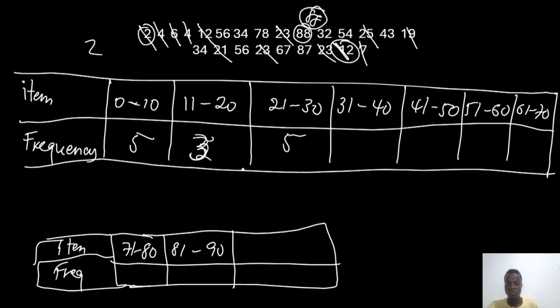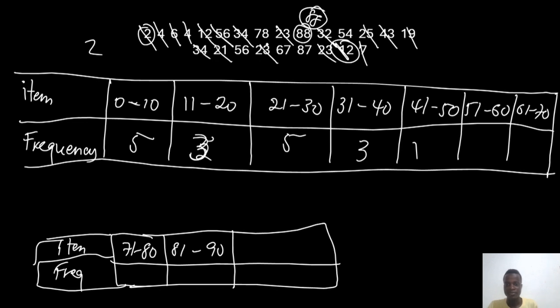Now 31 to 40. So I have 34 to 40. So 31, 2, 2, that's 3 of them. 41 to 50. I can see 40. That's 1. I have 1. 51 to 60.